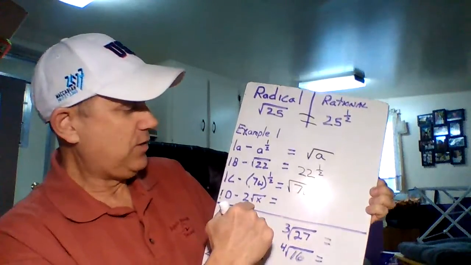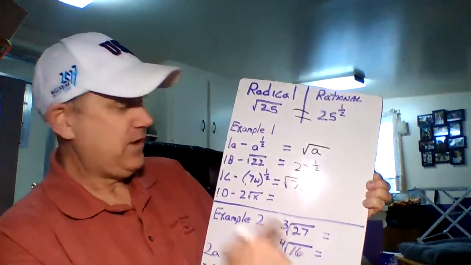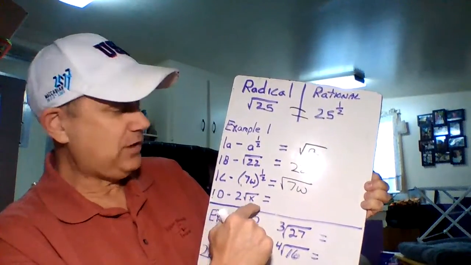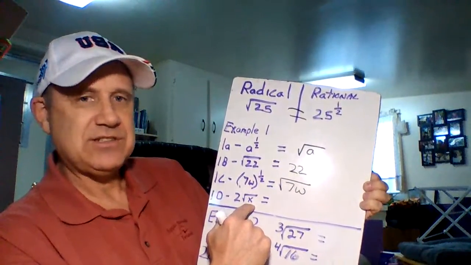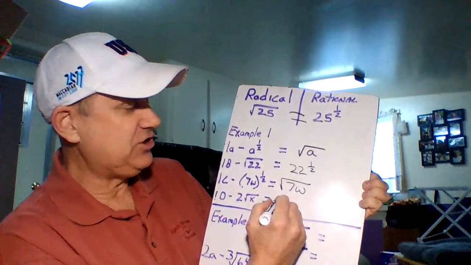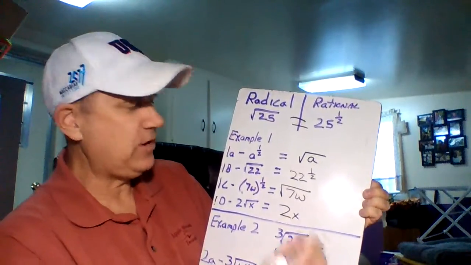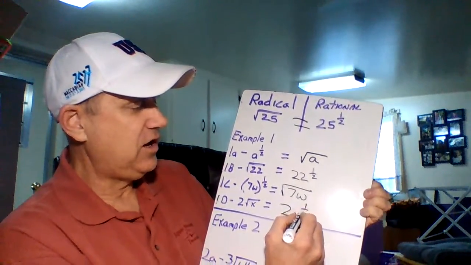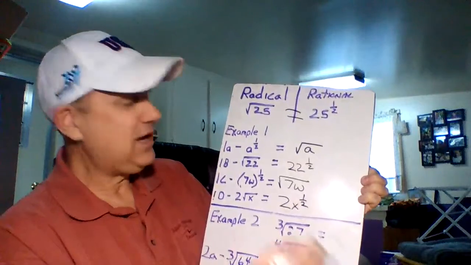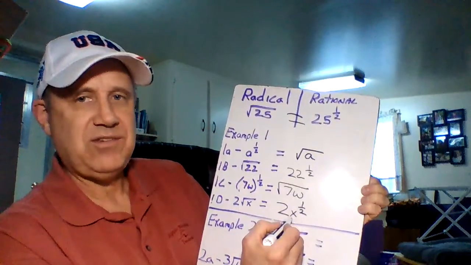All right? Here we have 2 times the square root of x. This square root only applies to the x. So this is in radical form, and we're going to change it to rational form. We know that the square root of something is the same as something to the 1/2 power. This is different from the last one because here we don't have any parentheses.